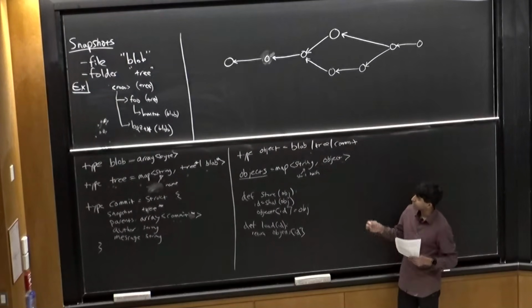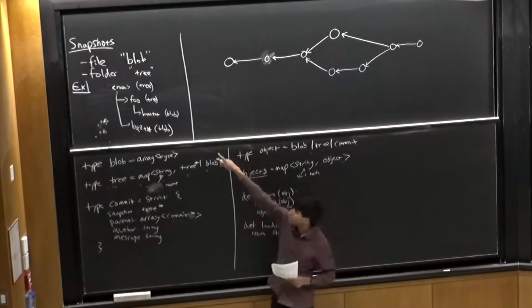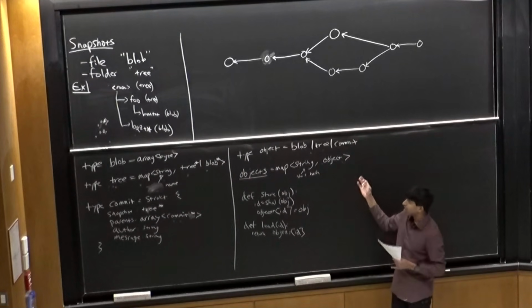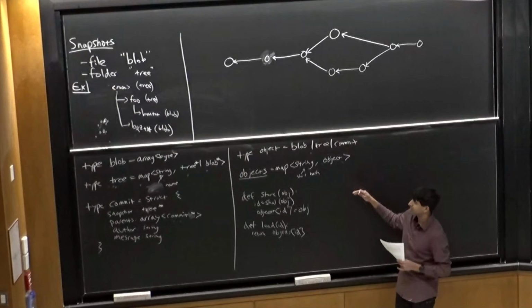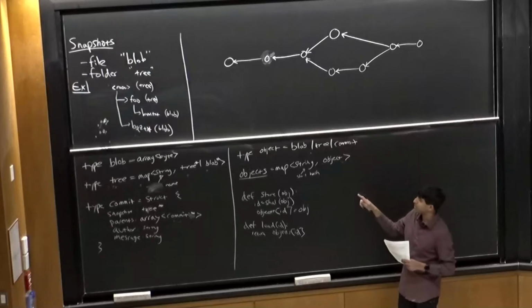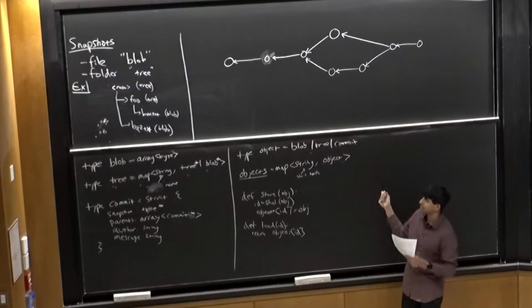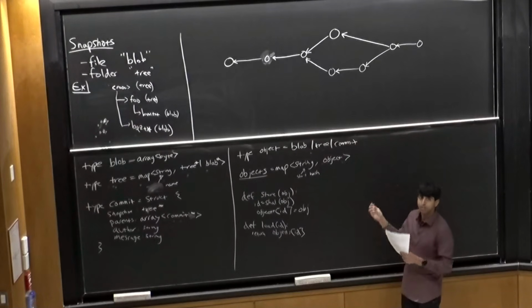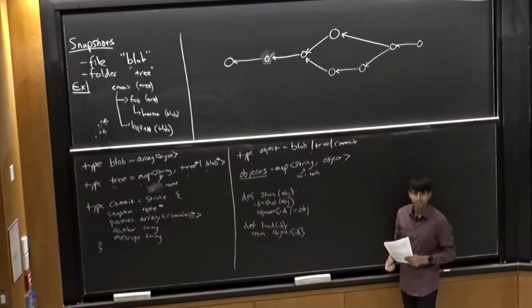So for example, a tree in Git, like that tree I've drawn up there, will be an object in the object store. And the contents of that object will have, since it's a tree, two entries. It'll have the entry for foo, which will be the hash, basically a pointer to that inner tree, and then it'll have baz.text, that name with the hash of the blob, so a pointer to the blob object.